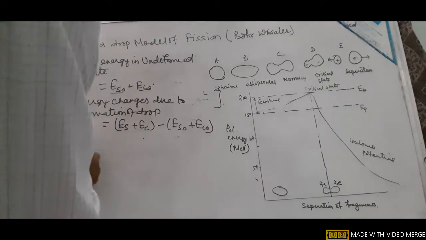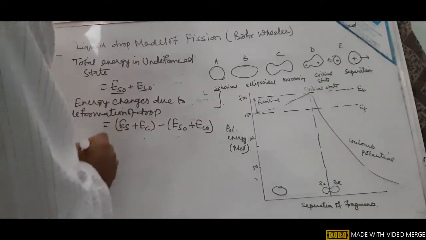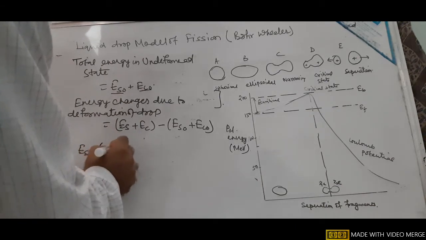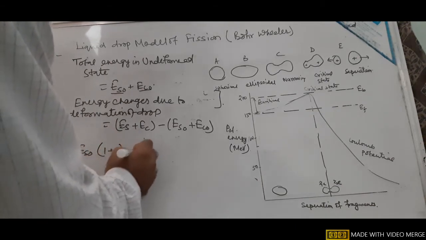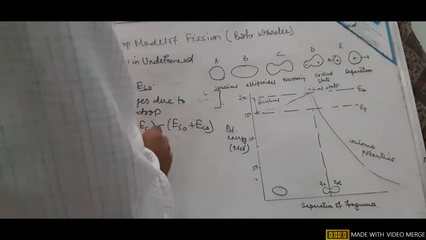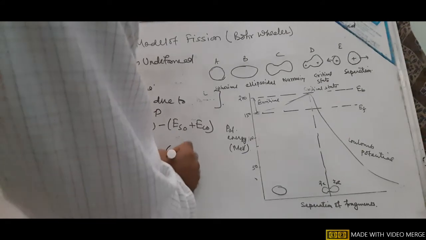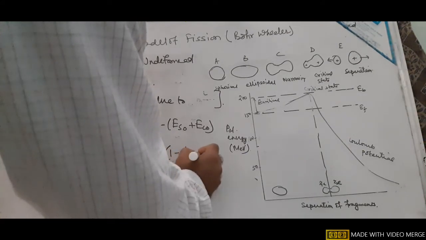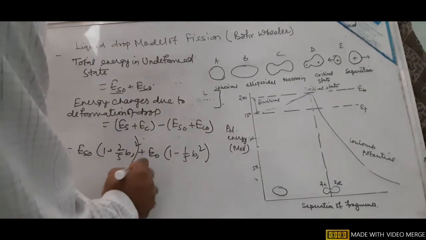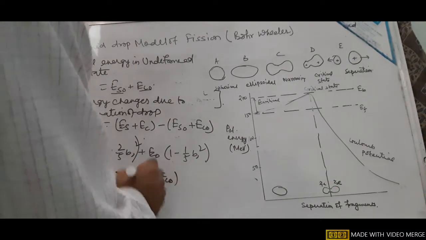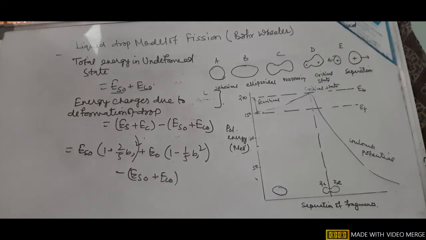Now we write down ES equal to ES0 times 1 plus 2 by 5 B2 square, plus EC0 times 1 minus 1 by 5 B2 square, minus ES0 plus EC0, that is the undeformed energy.